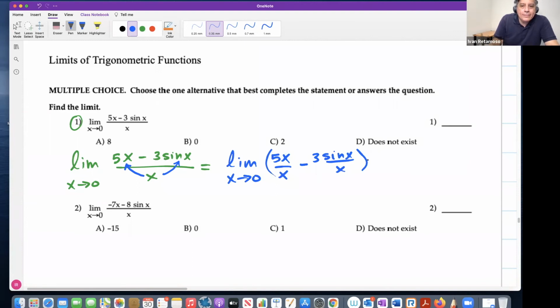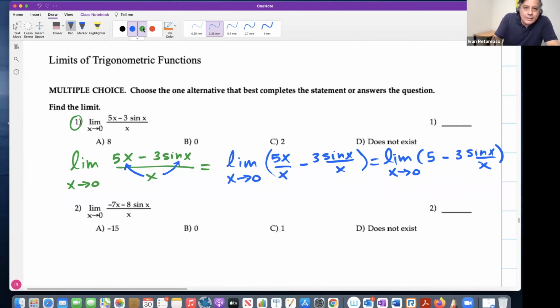This cancels. X with x, they cancel, and they give me just the limit of 5 minus the limit of 3 sine of x over x. This looks better now. Why do you say that, Professor, that it looks better?